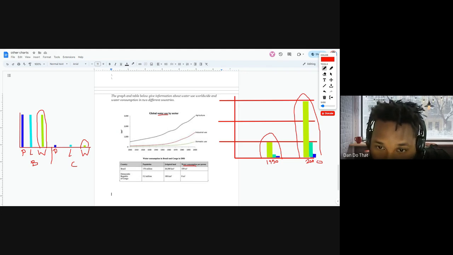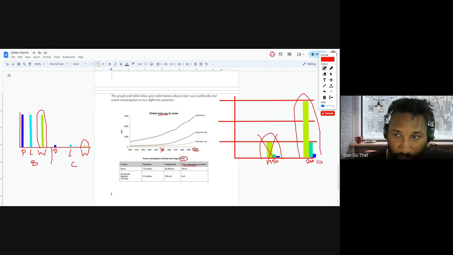Oh, wait. My bad. 2000. We cannot compare 1950. So there, we got water and water, 2000 and 2000.